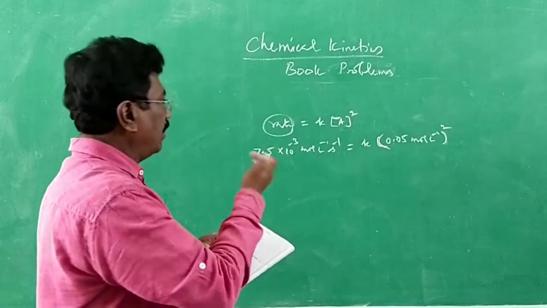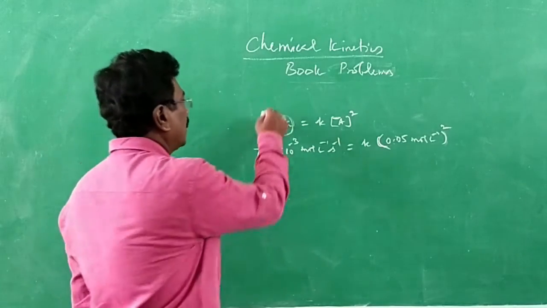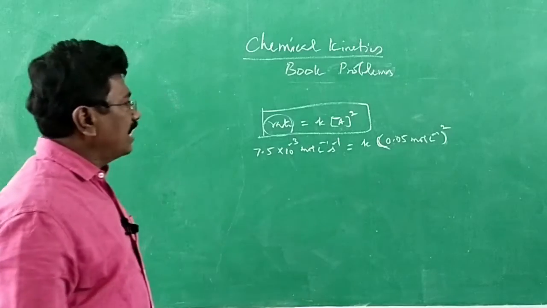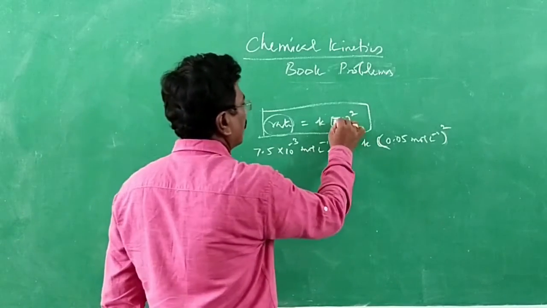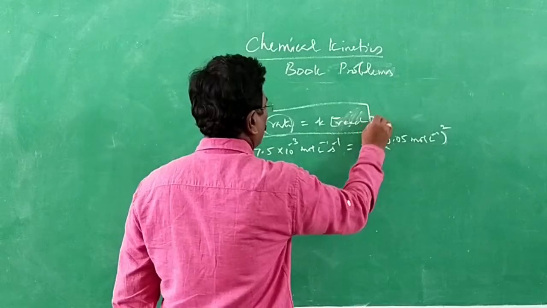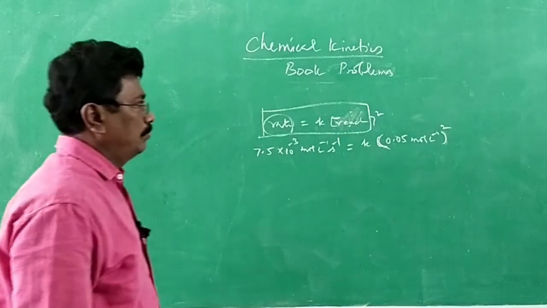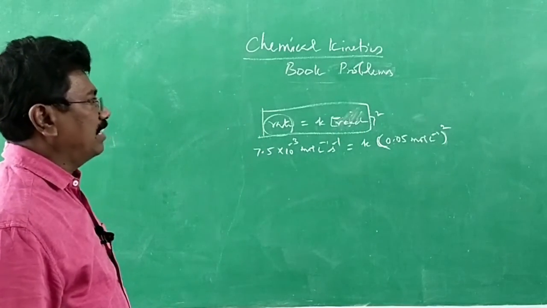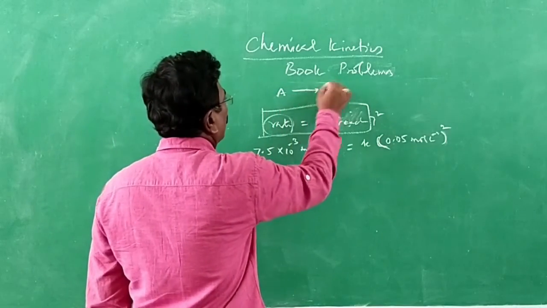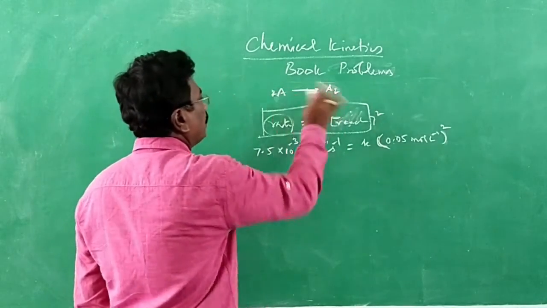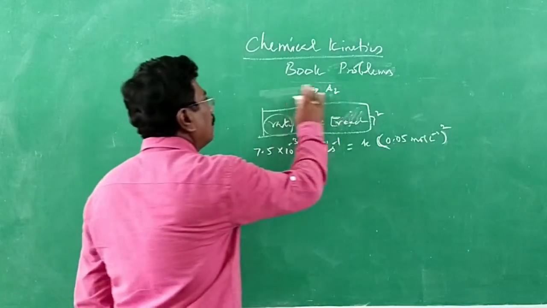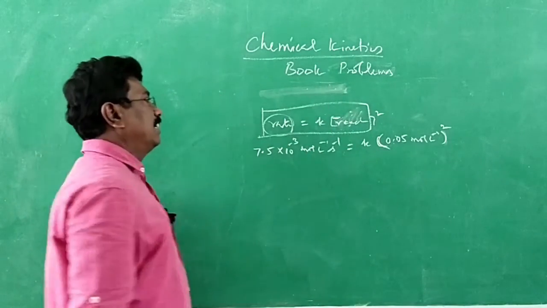The question is to calculate the rate constant. We know the expression for rate law. Rate is equal to rate constant into concentration of reactant to the power 2. It need not be A, it can be any reactant. It is the expression for rate law of a second order reaction. A will become A2, 2A will become A2, that is dimerization, and those things we need not bother about.